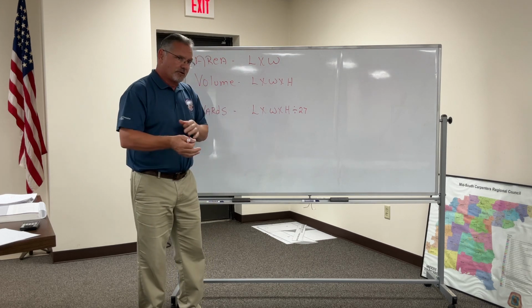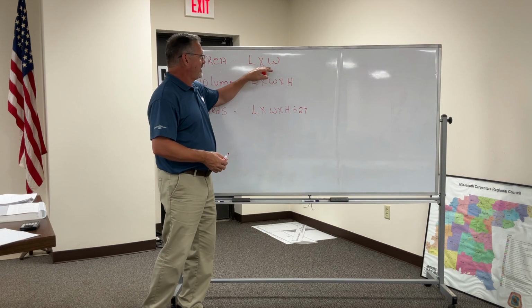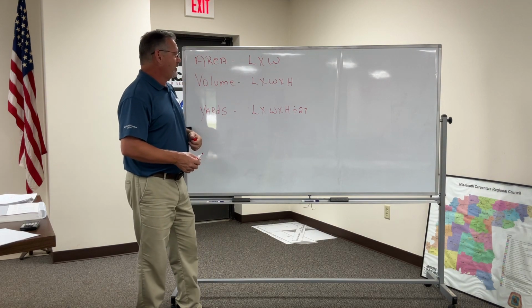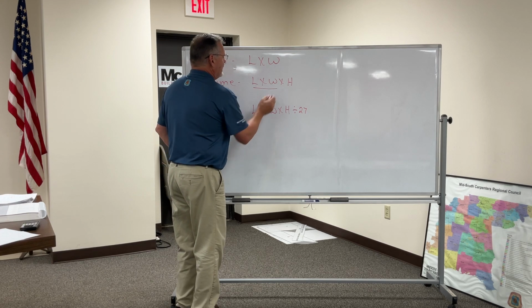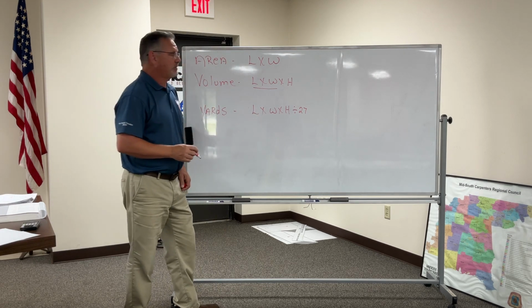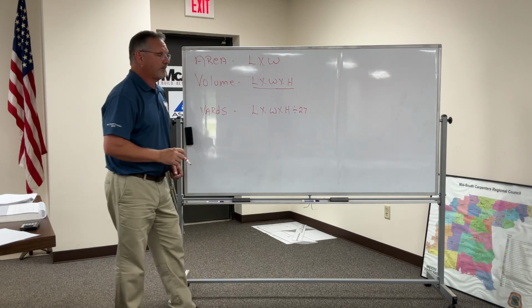You got a third character in there. This height or depth is the difference between area and volume. But like I said, you have to have area first before you can actually complete the formula for volume.